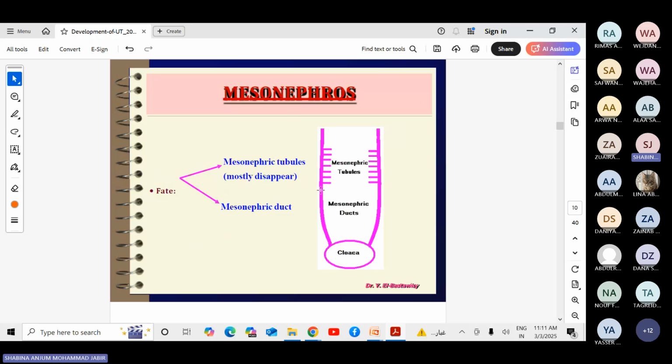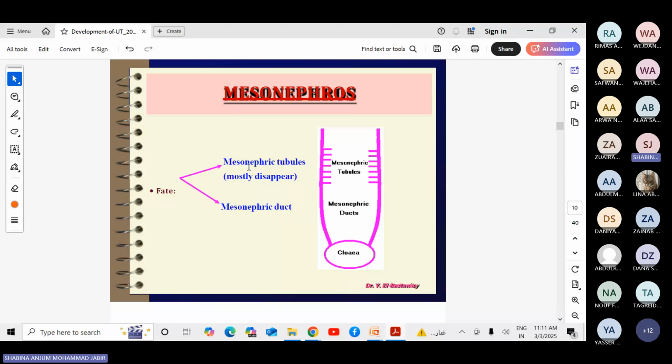Here you can see these are the mesonephric tubules. This is the medial end and these are the lateral ends which are forming the mesonephric duct. What happened to this?